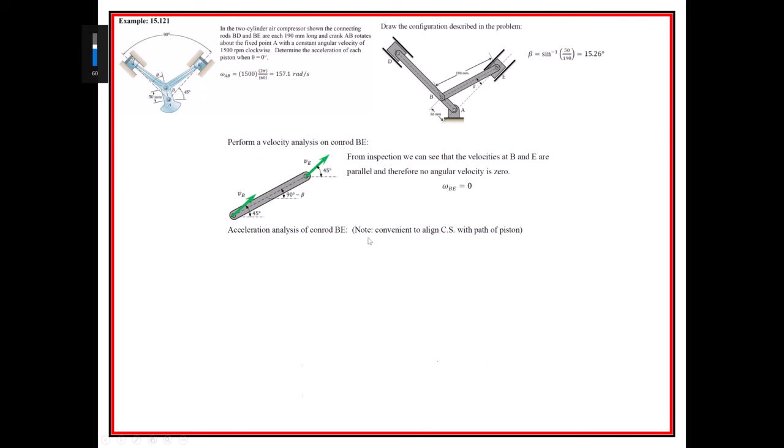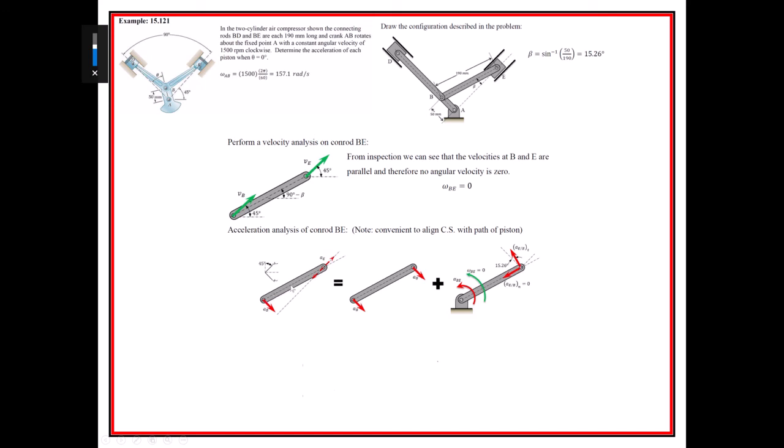The acceleration analysis right here of that BE. We draw these 3 diagrams, and it's convenient to align the coordinate system with the path of the piston, right? So I decided to make it this y prime instead of doing that tangent normal.